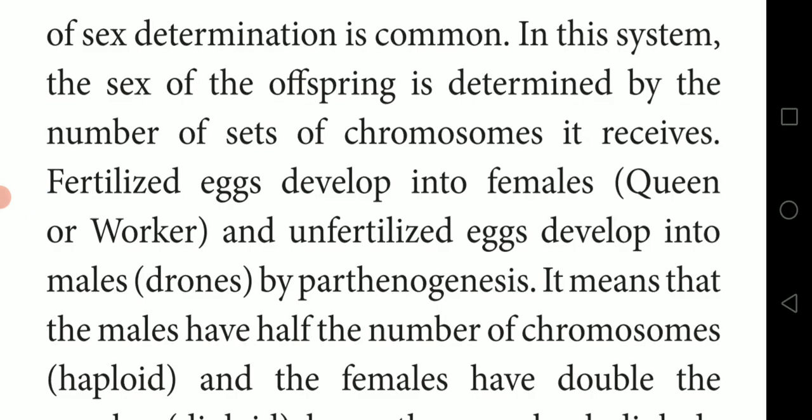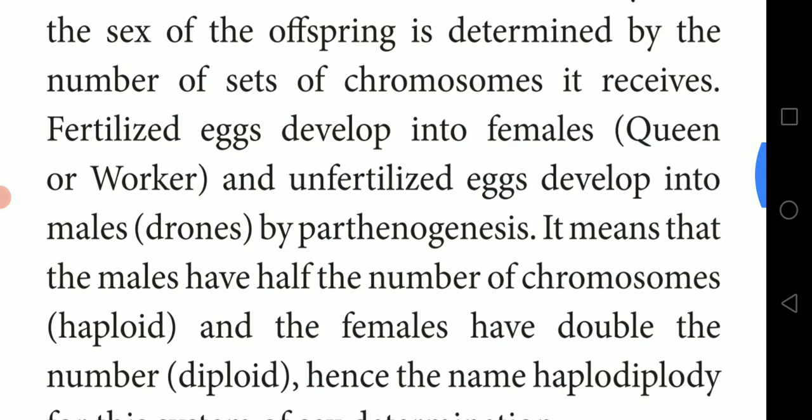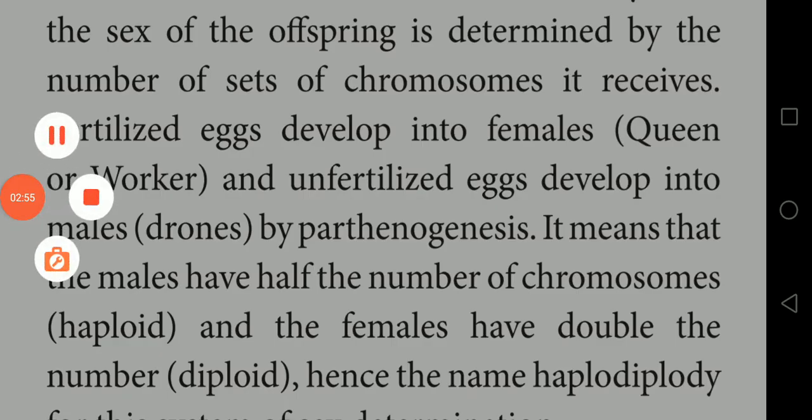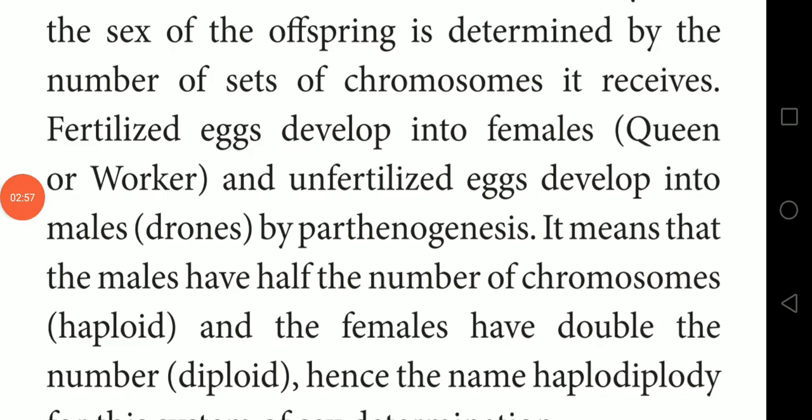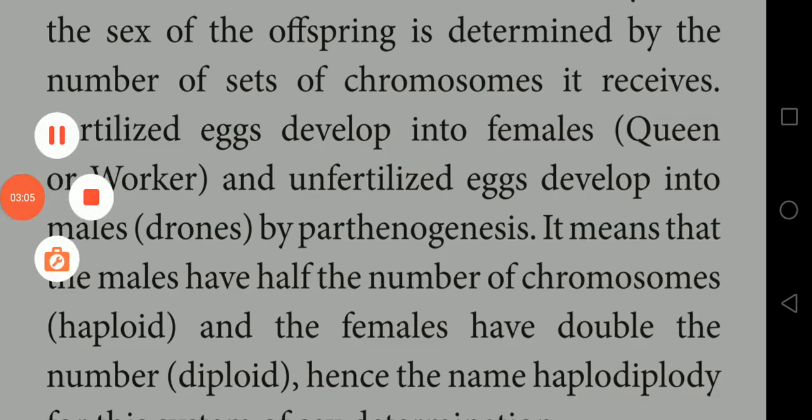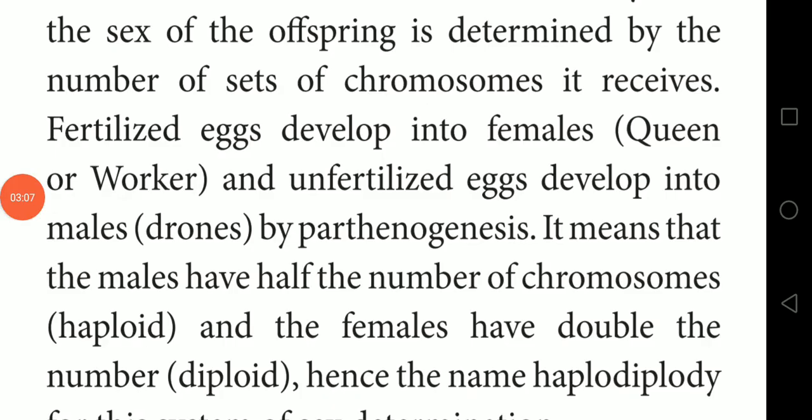So fertilized eggs develop as queen bees in honeybee colonies, whereas unfertilized eggs develop as males, which we call drones. Males develop by the process of parthenogenesis. What do you mean by parthenogenesis? Development without fertilization is called parthenogenesis.